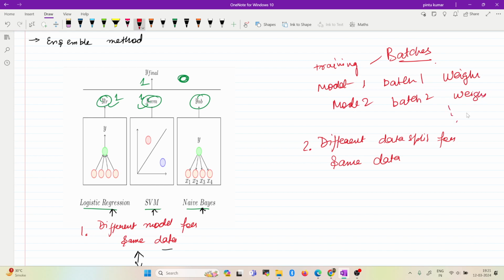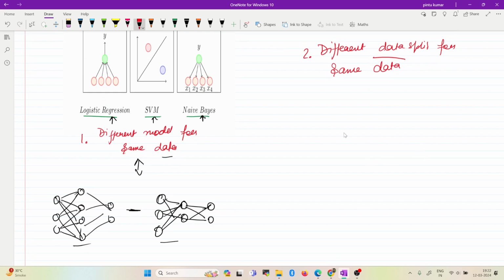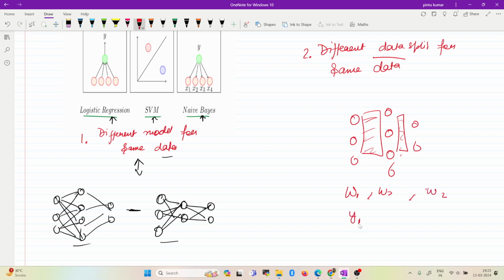During prediction, you aggregate using some ensemble method. So the second method is that you have different data set splits, and here you have only one kind of architecture. Let's say this represents weights, with some connections here. For different batches of the data set you will obtain many sets of weights, you will have different predictions based on these different weights, and you will combine them to obtain an output.